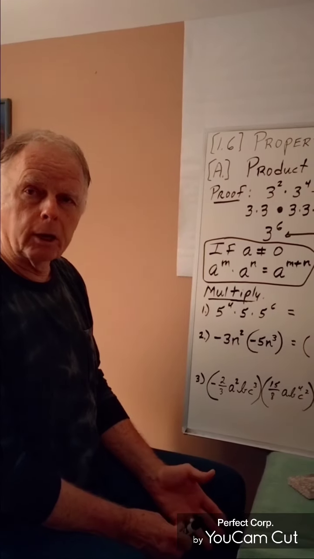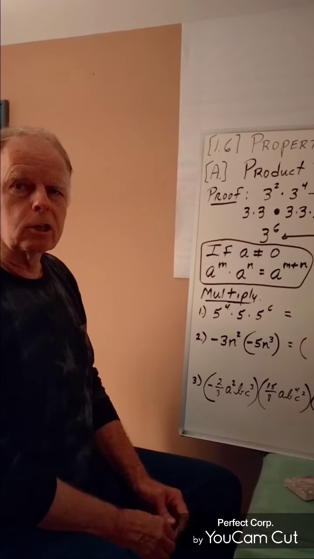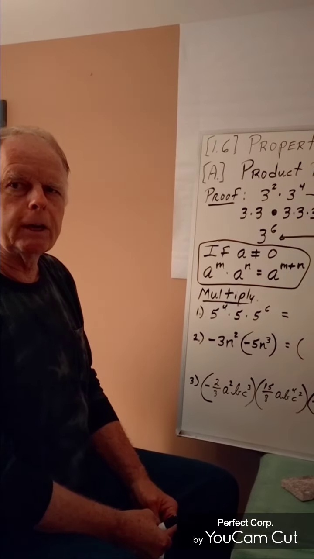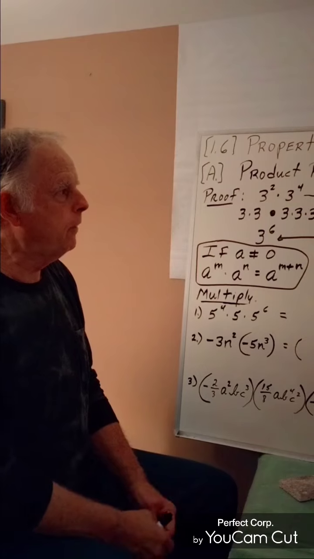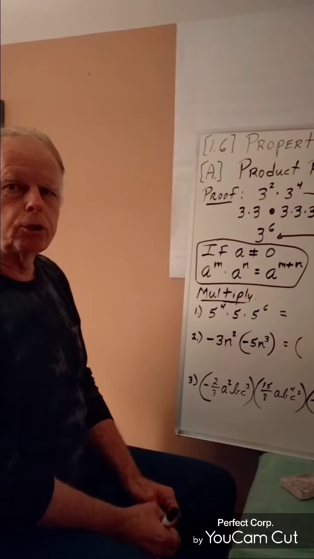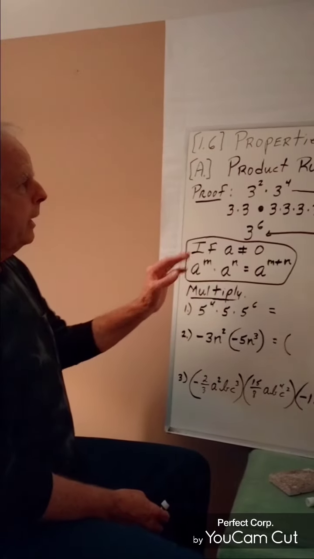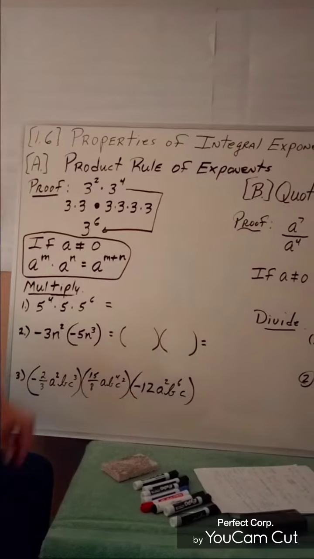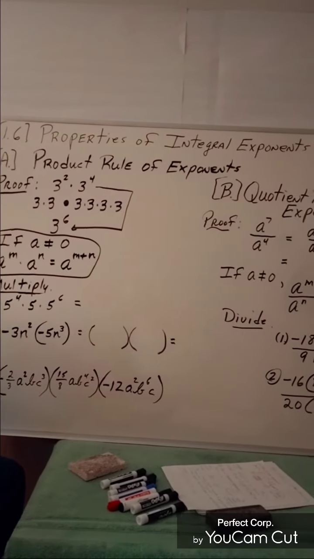The exponent might be 0. The exponent might be any natural number, 1, 2, 3, 4, 5, to infinity, and the opposites of those natural numbers, -1, -2, -3. So the exponents can be positive, they can be negative, they can be 0. They are integral exponents that we're going to be dealing with.